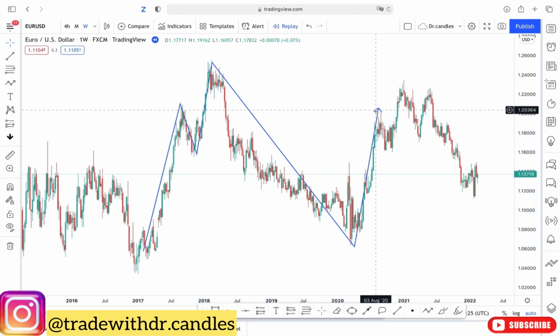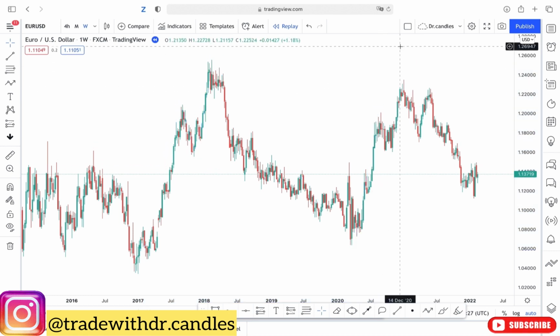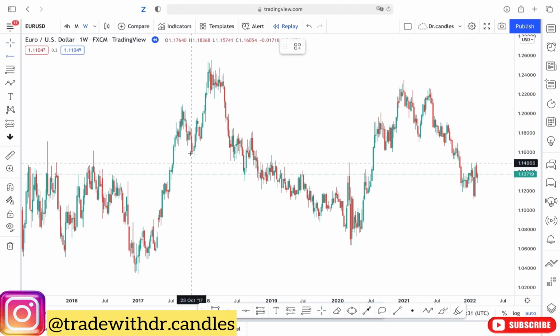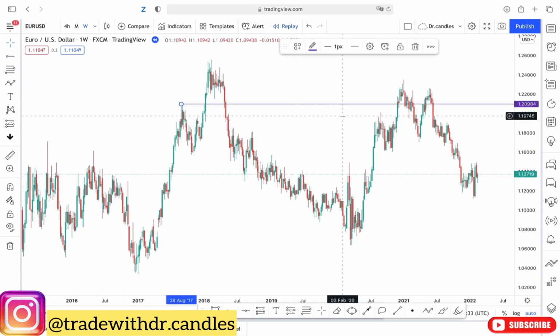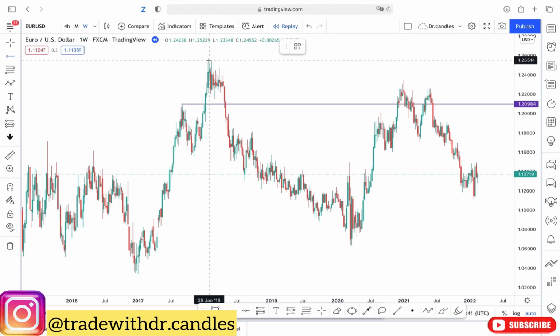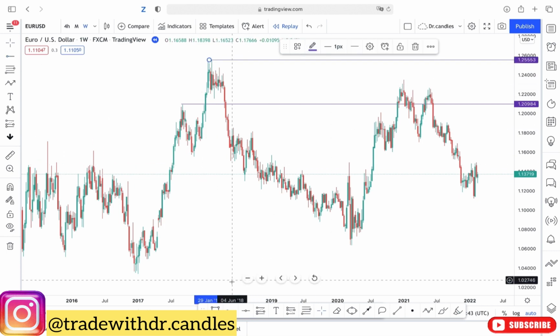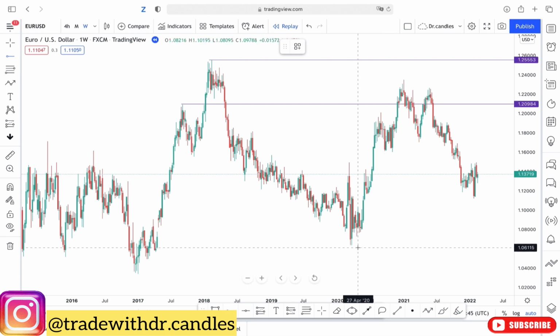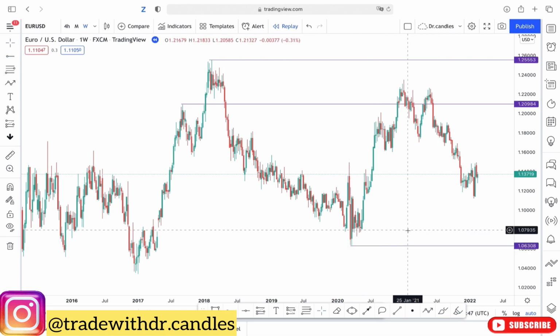With the Quasimodo, what we usually do is take the level or the high to be your QML level. If you are trading the Quasimodo, this will be your entry, this will be your stop loss, and this will be your take profit. I hope you understand.